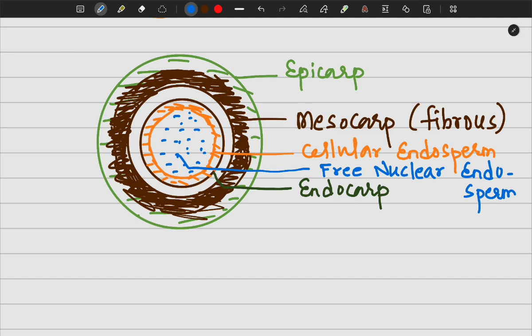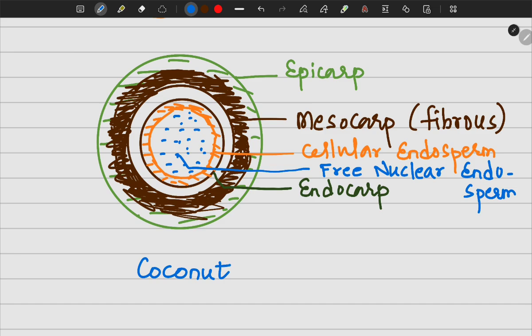So I hope it's clear which is the edible part of the coconut, and the three layers of the fruit wall in the coconut: the outer epicarp, the middle fibrous mesocarp, and the inner stony endocarp, and the edible part is the endosperm. So this is the structure of the drupe which is a coconut.